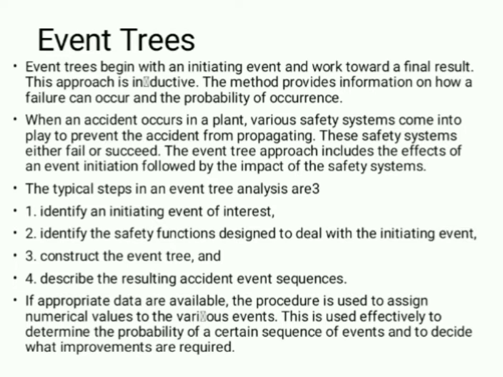Second, you have to identify the safety functions designed to deal with the initiating event. We have to find out what safety measures are installed, in this example in the reactor.